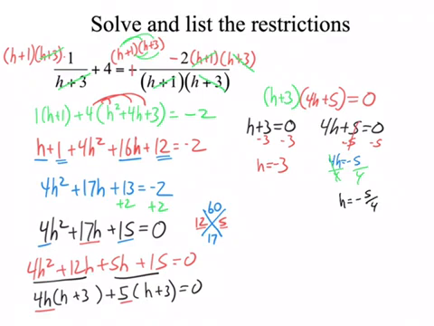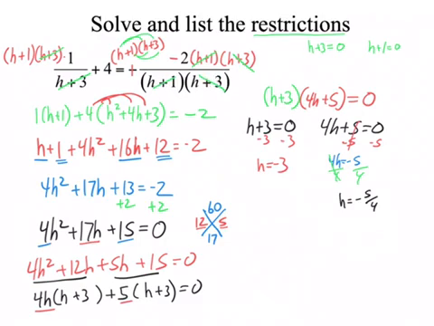So we have two answers here. But look for our restrictions, our excluded values. Our restrictions for this particular problem are, well, what makes this equal to 0 and what makes that equal to 0. What we did is we set this equal to 0, we set that equal to 0, and we've already done that one.